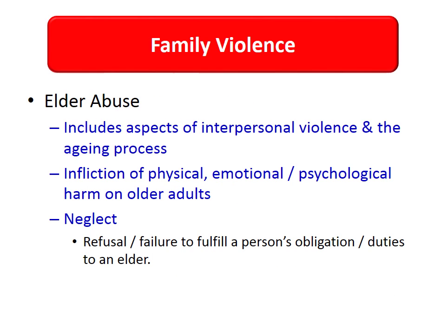We're going to look at a different category that comes under the overarching topic of family violence, and that is elder abuse. Elder abuse is defined as the infliction of harm, and harm in this case could be physical, emotional, or psychological, on people aged 65 years or older.